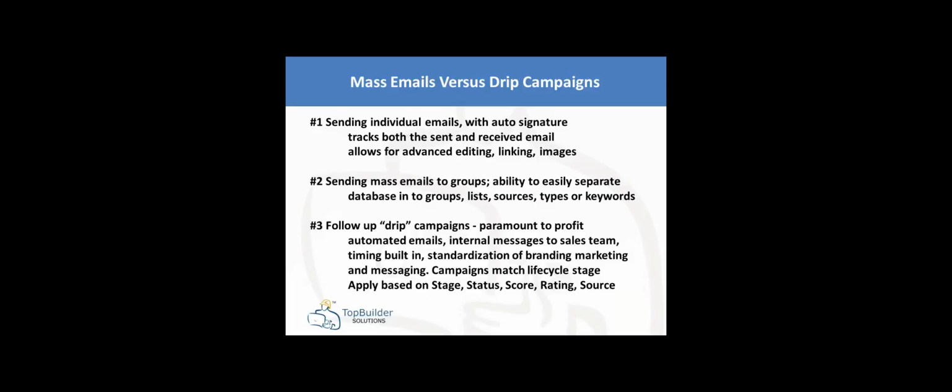Now, the third one throws people a little bit, but it's probably the most profitable. A follow-up or drip campaign is an individual email going out to, let's say, John Smith, but it's going to match whatever life cycle stage that lead is in. So I might have one follow-up campaign that goes out to a web lead, a similar but different campaign that goes out to, let's say, a referral.